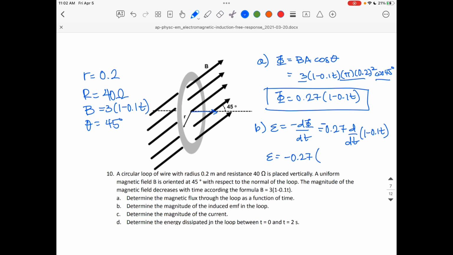Derivative of 1 doesn't give us anything, and so I've got negative 0.1, which is the derivative of 0.1 t. That gives me 0.027 volts.